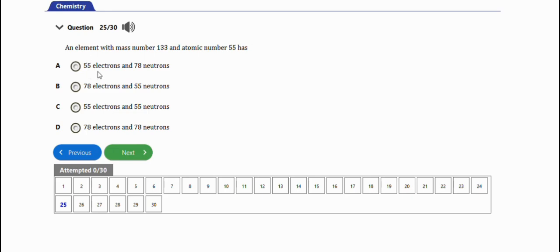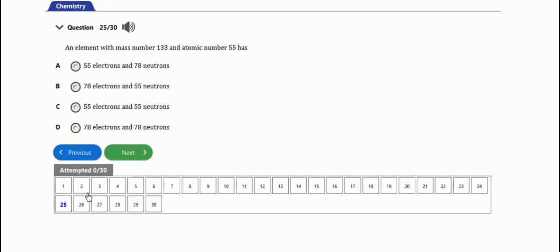And the number of neutrons will be when you subtract 55 from 133. So you're going to have 55 electrons and 78 neutrons as the answer to this question, because the number of neutrons will be 133 minus 55, which is 78. Okay, so that's it for this question.